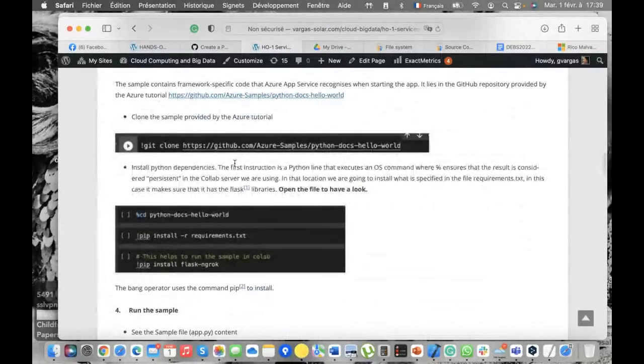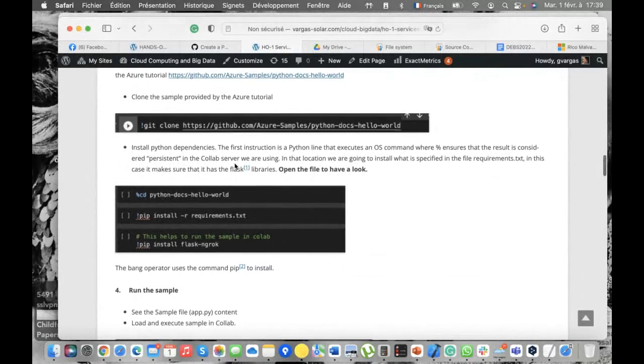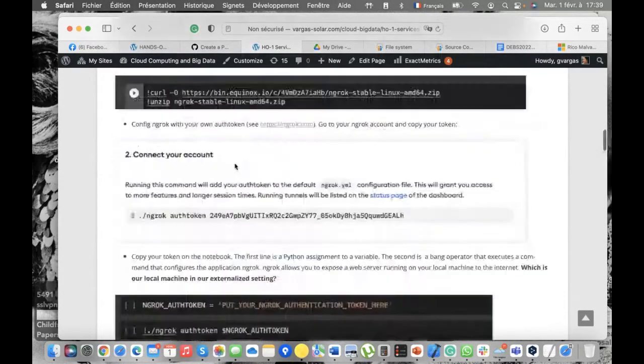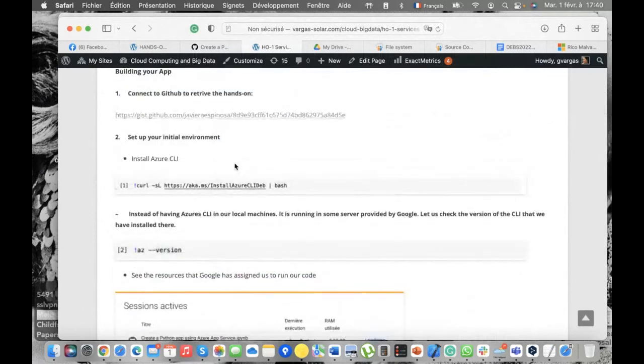It was ngrok, and then what is the CLA? Yes, here. So we contacted Azure, right?